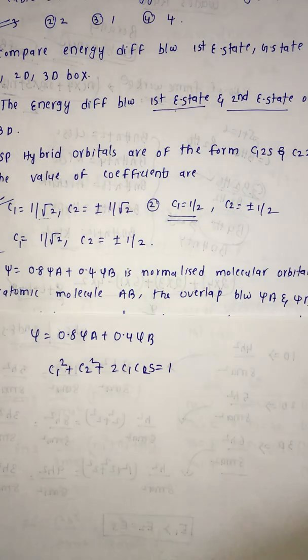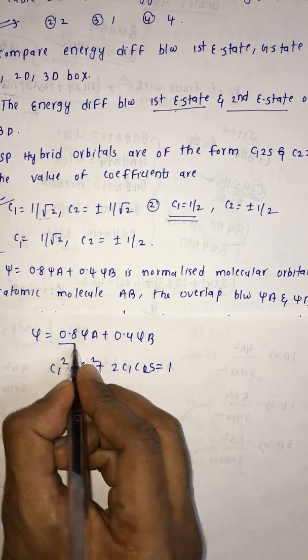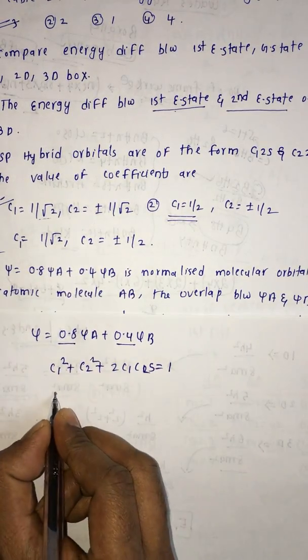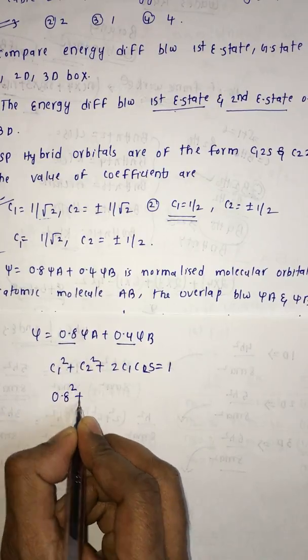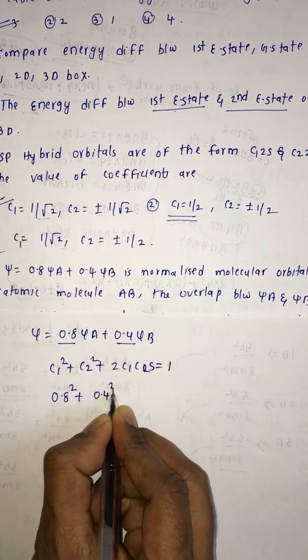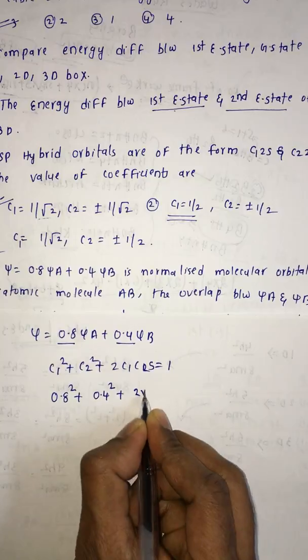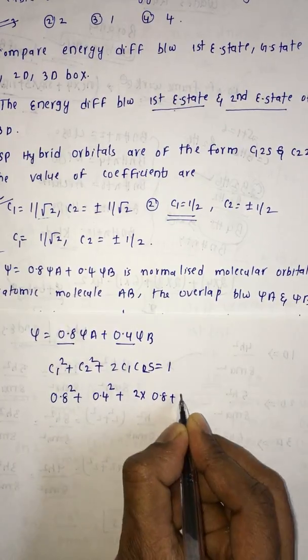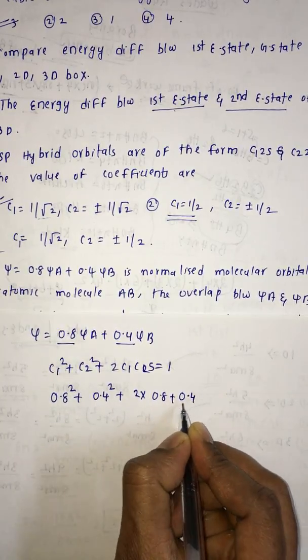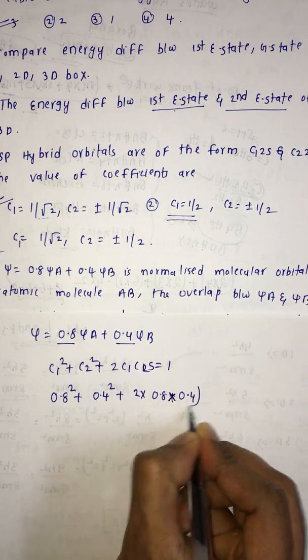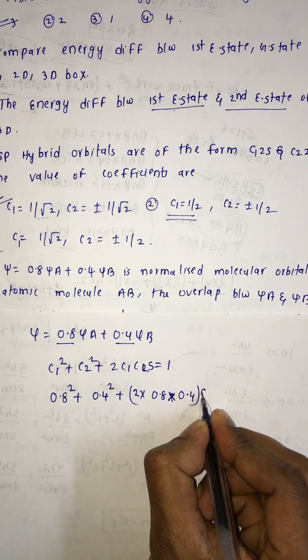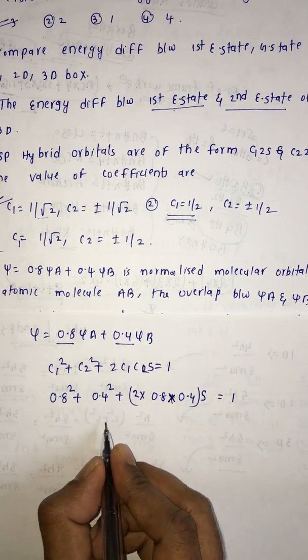Okay, so here c1 means 0.8, c2 means 0.4, 0.8 square plus 0.4 square plus 2 into 0.8 into 0.4 S equals 1.